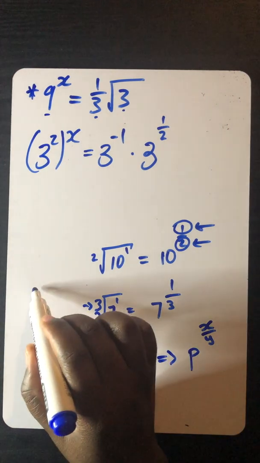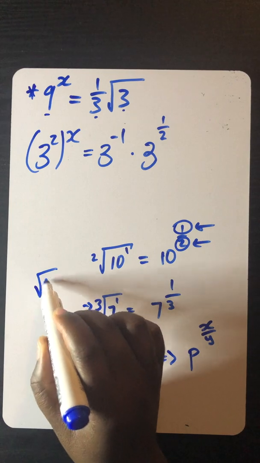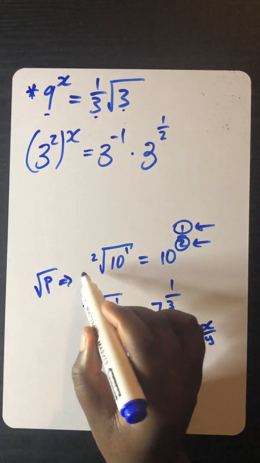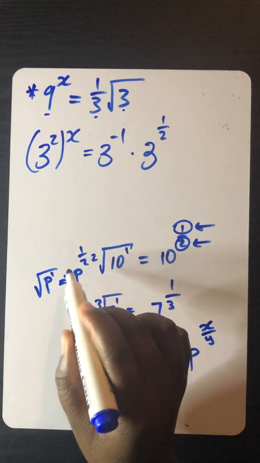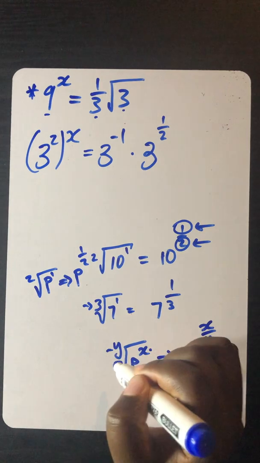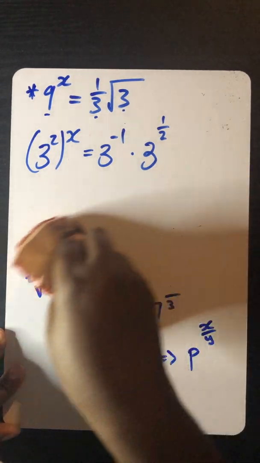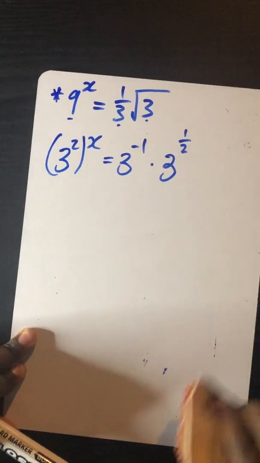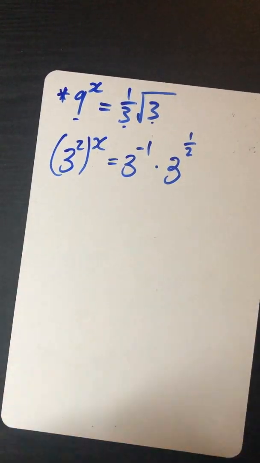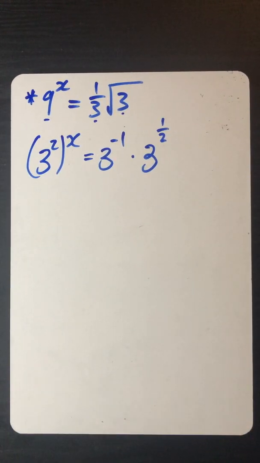So only when you have a square root of, let's say, p, this is the same as p to the exponent 1, which is that 1 over there, then 2. We don't need to write that 2 over there, but you must know that 2 is there. Remember, I do this type of lesson in some of my lessons where I focus on teaching that type of information in detail.